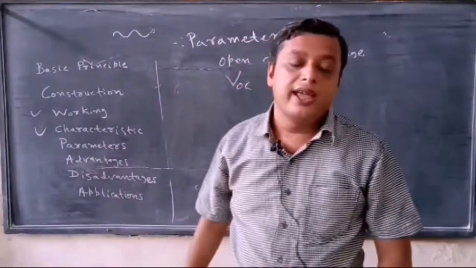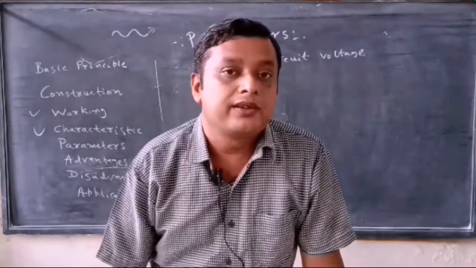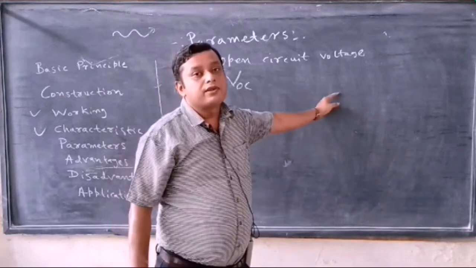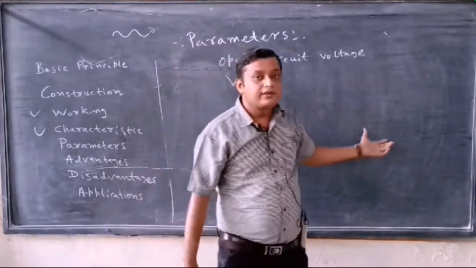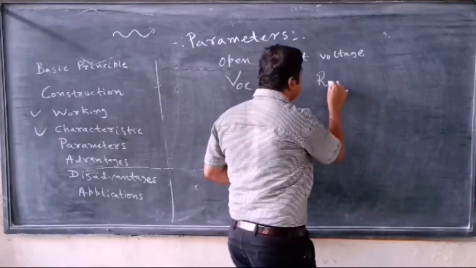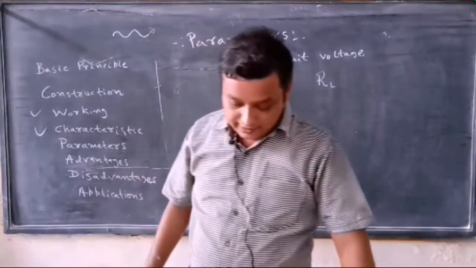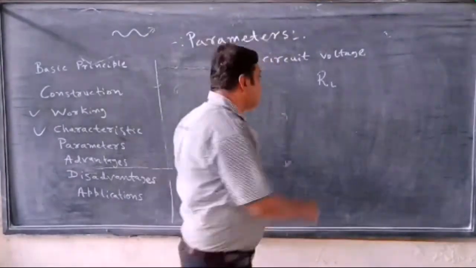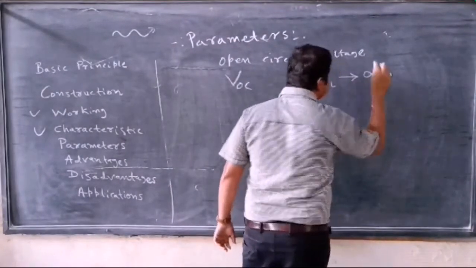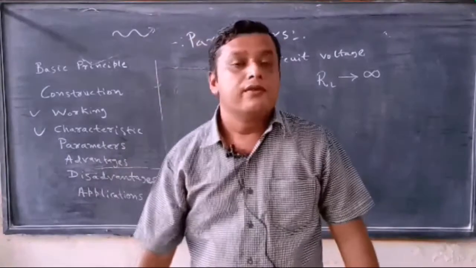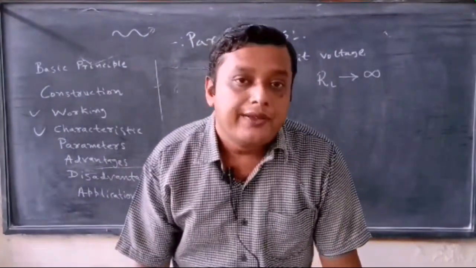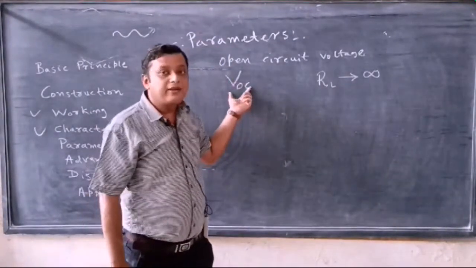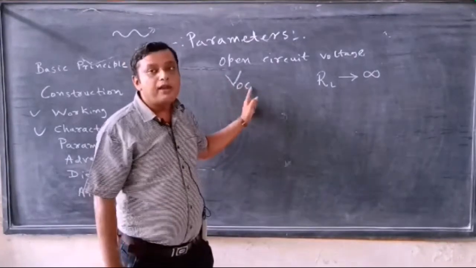As we know from the basics of physics, whenever a load resistance is introduced at the output of the solar cell and that load resistance RL has the highest value, meaning it tends to infinite, then the voltage which develops across the solar cell is the open circuit voltage.